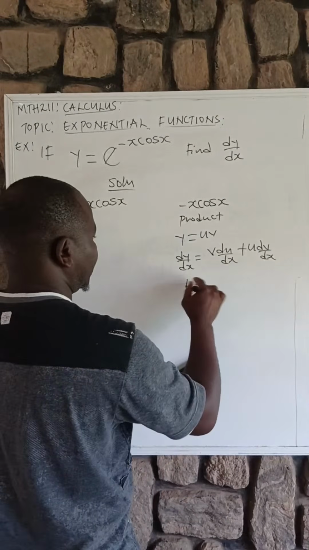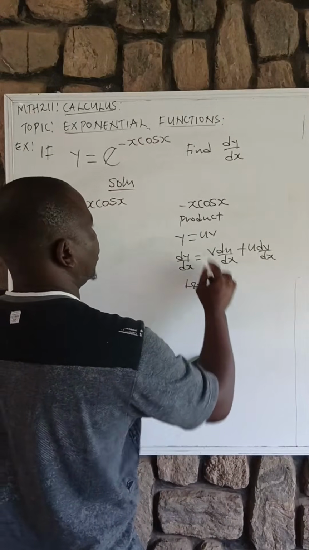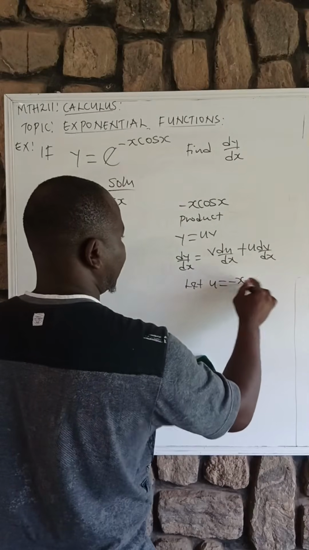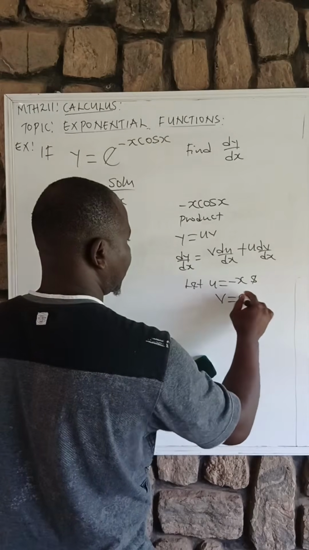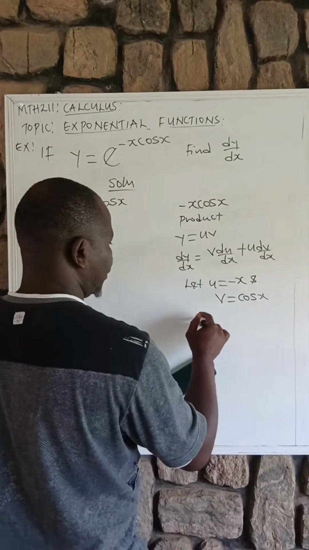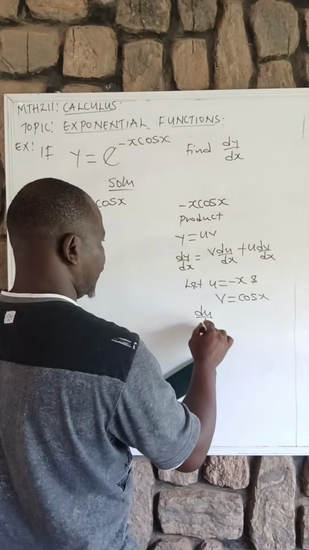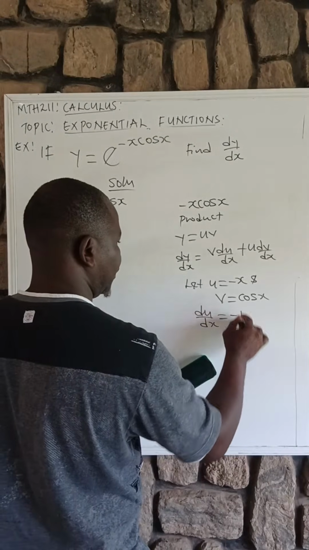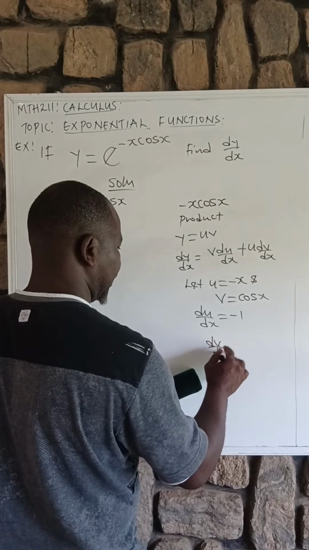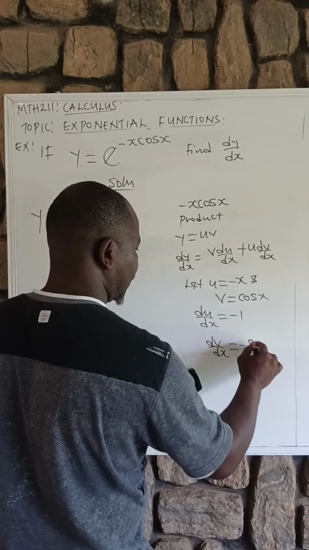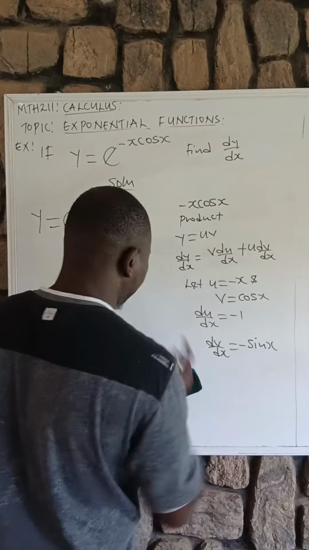So we now say let u equal minus x and v equal cos x, true or false? So du over dx gives us minus 1, then dv over dx gives us minus sine x, isn't it?